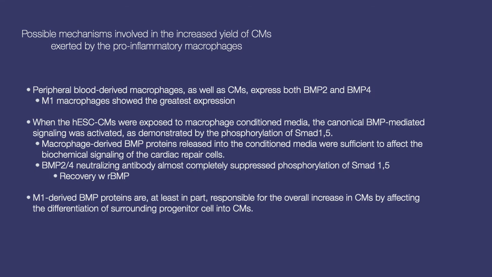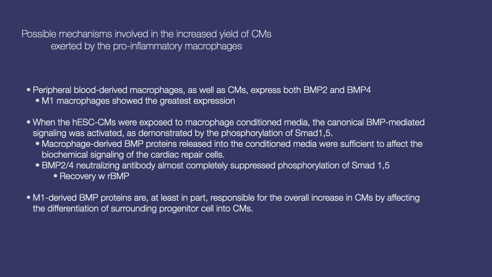This study did suggest that some of the possible mechanisms involved in increasing yield of cardiomyocytes are exerted by the pro-inflammatory macrophages. This was shown because of M1 macrophages showing, when these induced stem cells were exposed to macrophage conditioned media, the canonical BMP signaling pathway was activated, as demonstrated by the phosphorylation of SMAD1/5.